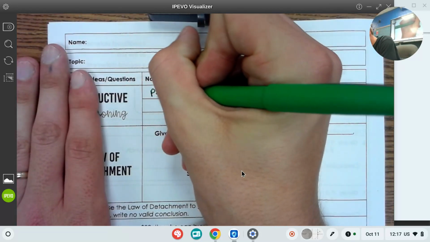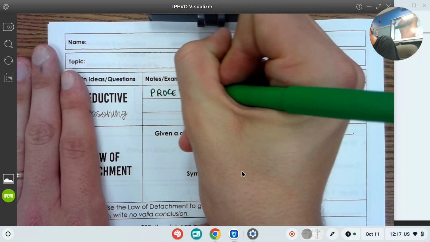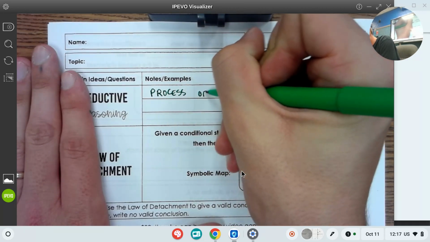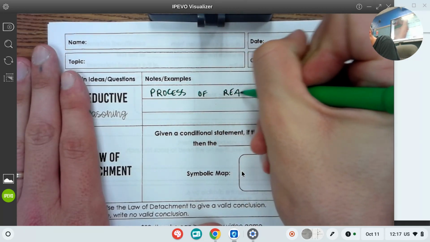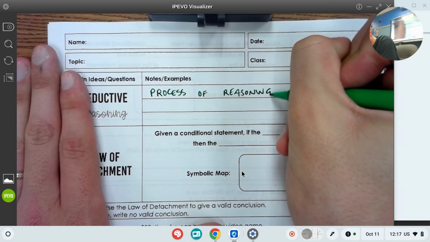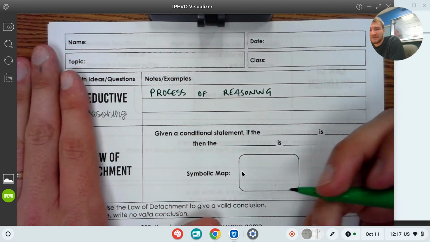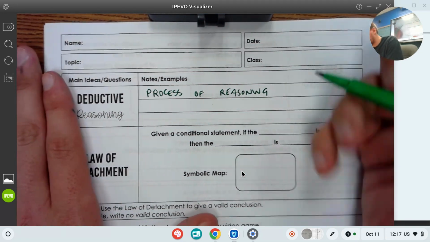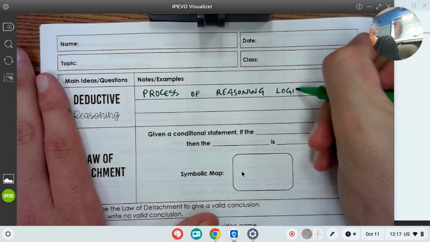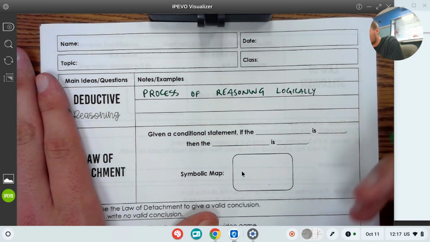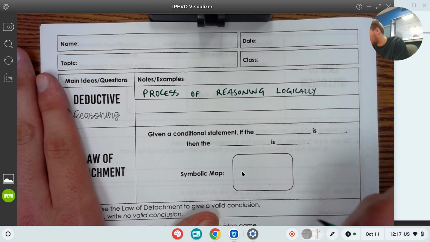All right? So deductive reasoning is the process of reasoning, that hasn't really said very much yet, right? Deductive reasoning is the process of reasoning logically. That makes sense because we're in the logic unit and we're going to use logic.